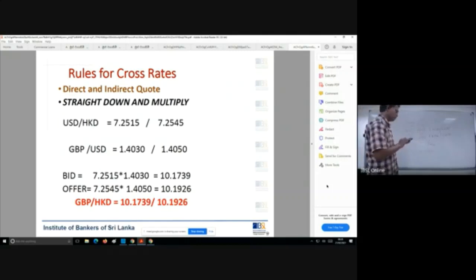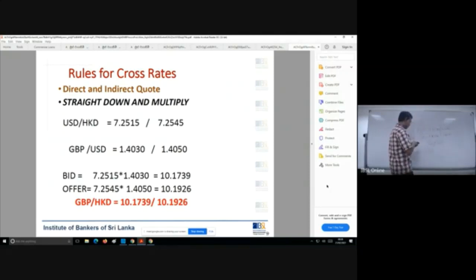So what's the answer? One divided by 1.4030 is 0.7127.